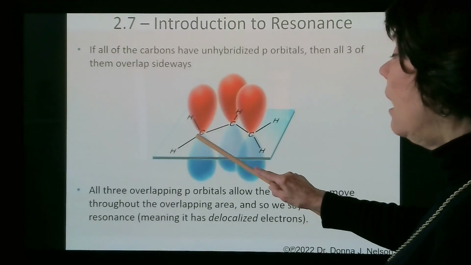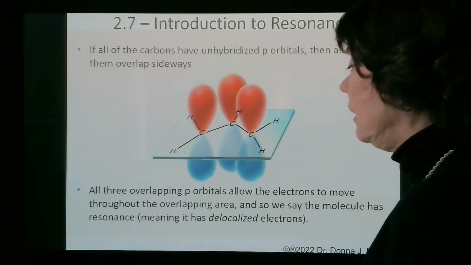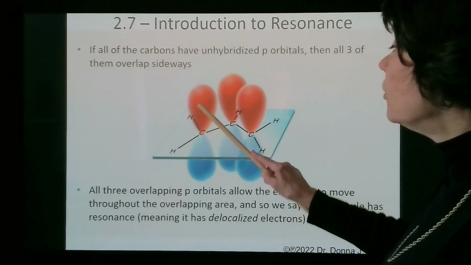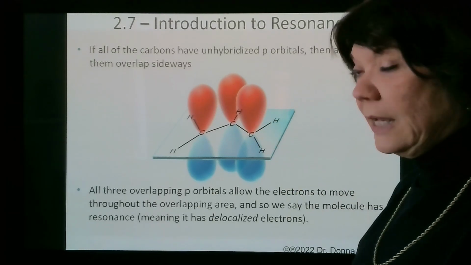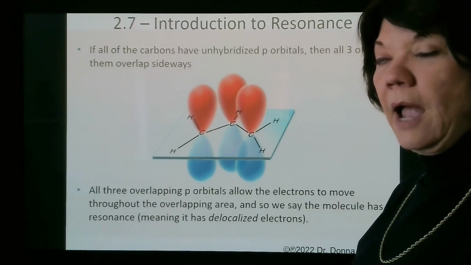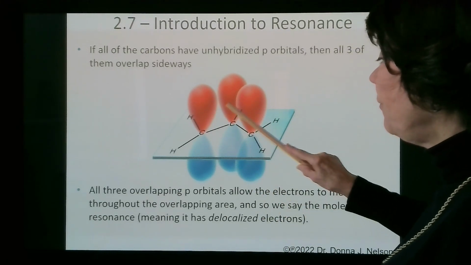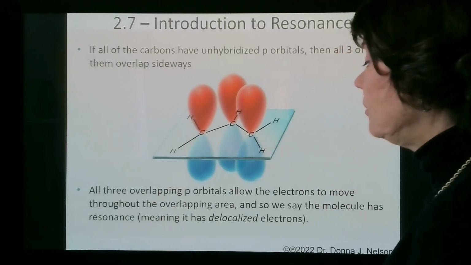Here is the sigma system, which we are not interested in. It's just a framework to hold the pi system. So here is the pi system. These are each a p orbital. There's a p orbital here, a p orbital there, a p orbital there. Remember, the p orbital goes above and below the plane of the sigma system.